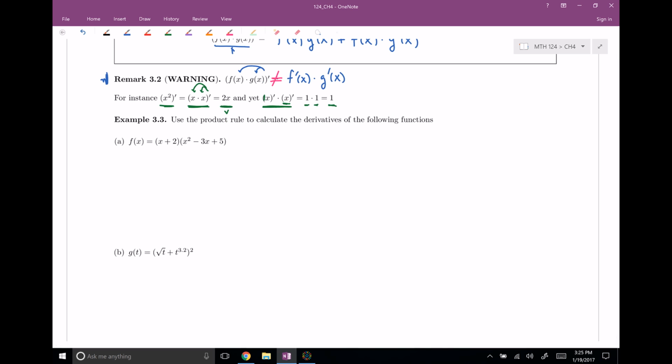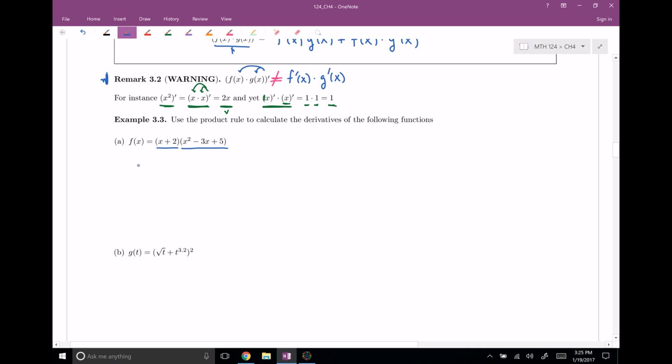Some examples. So I have this function f, and it is the product of two functions here, and we would like to know how I can take the derivative of this thing. Use the product rule to calculate the derivatives of the following functions. Okay, so now this is where I'm going to use my product rule.